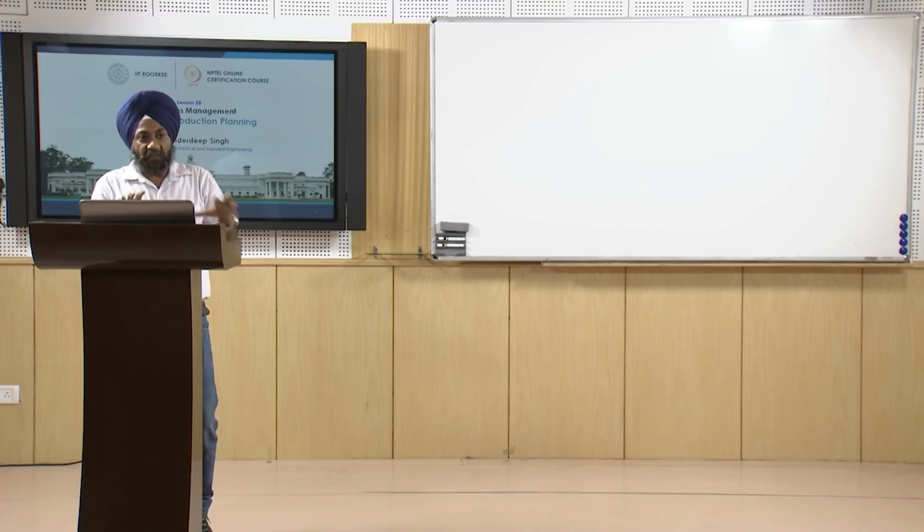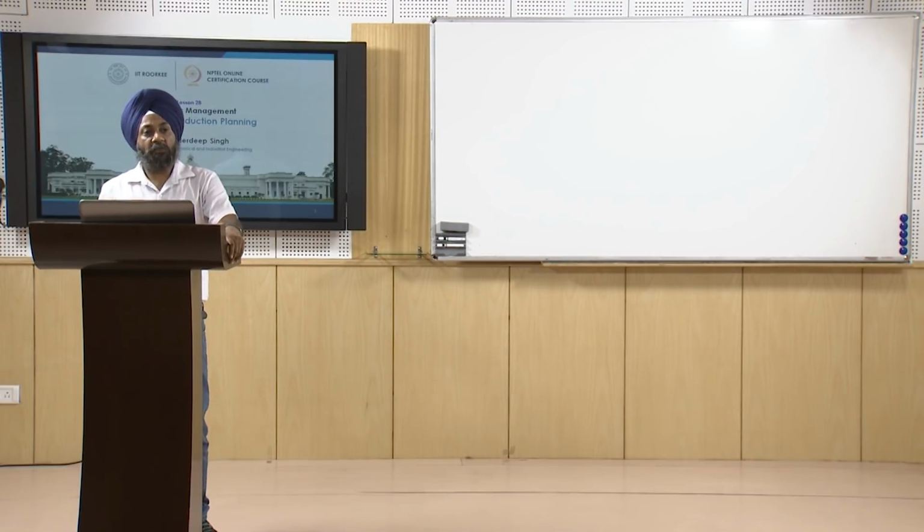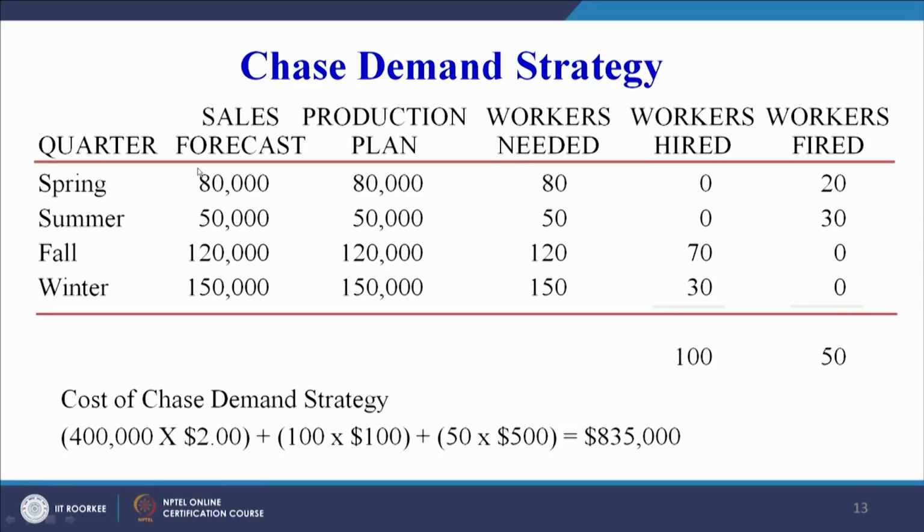Now this is one strategy, that is level production strategy. Now the other strategy, if you remember, can be the chase strategy. In chase demand strategy we are not going to do the level production, we are going to chase the demand. So if 80,000 pounds is required, we will go for 80,000 pounds only.